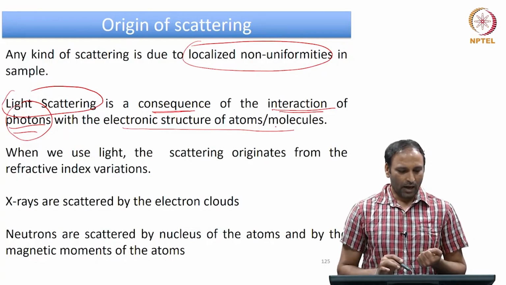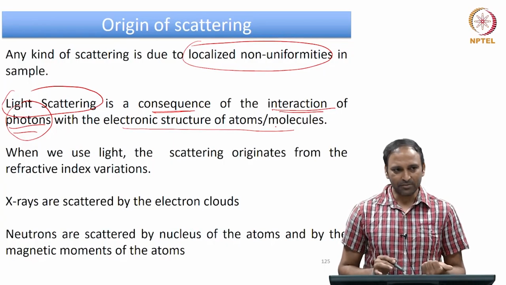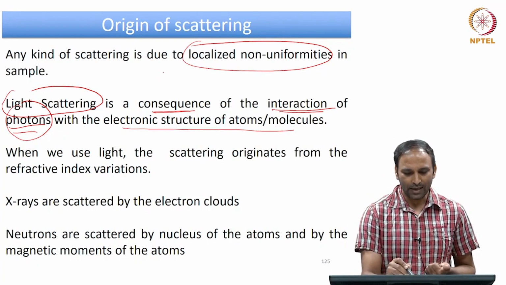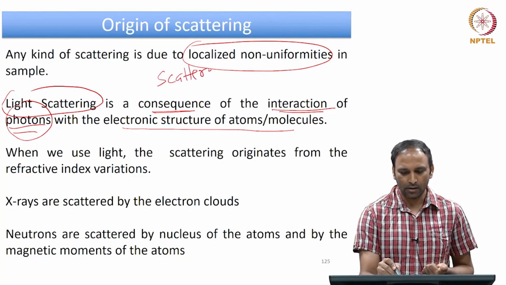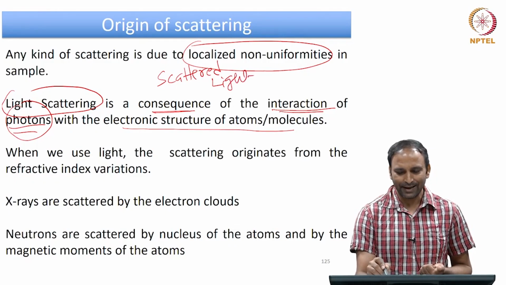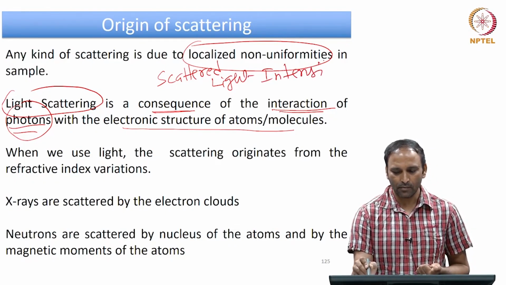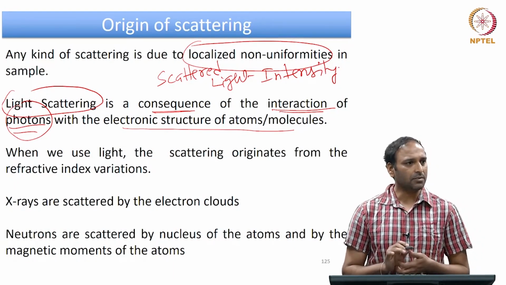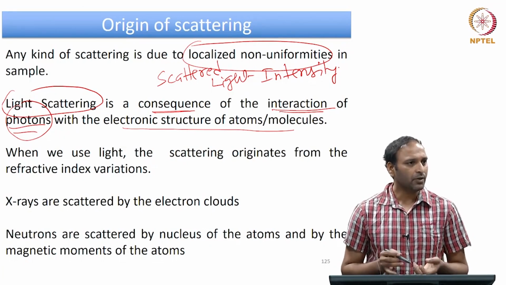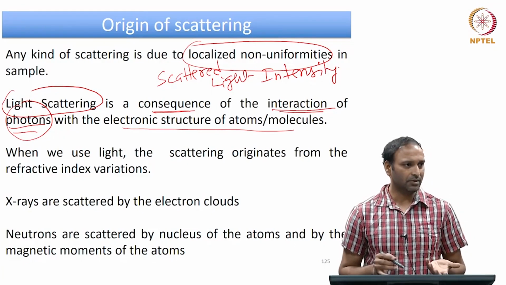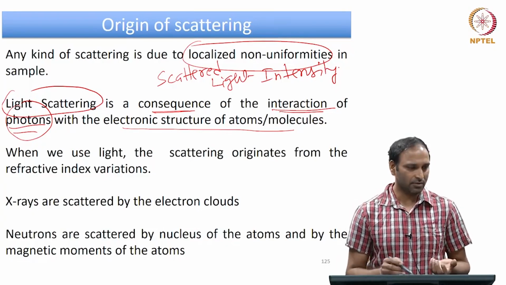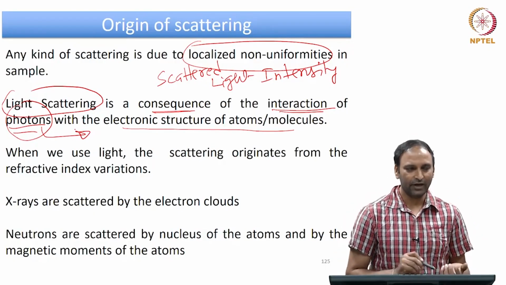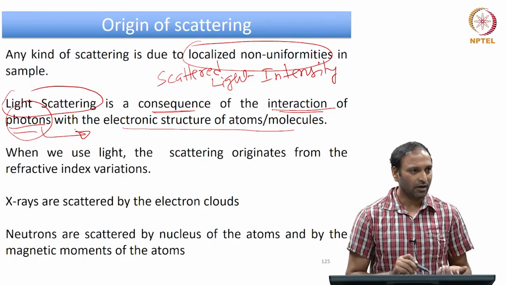And whenever people do light scattering measurements, what they do is they measure what is called scattered light intensity. The way it is measured is they will have an instrument which can measure radiation, typically photons. It depends on the kind of radiation measurement device that you are using.